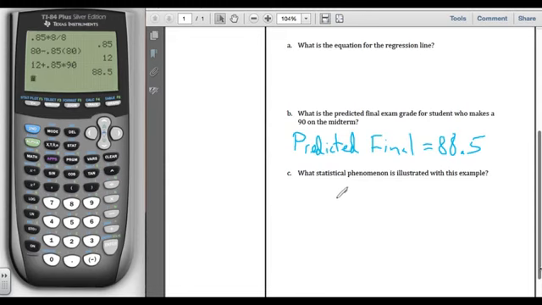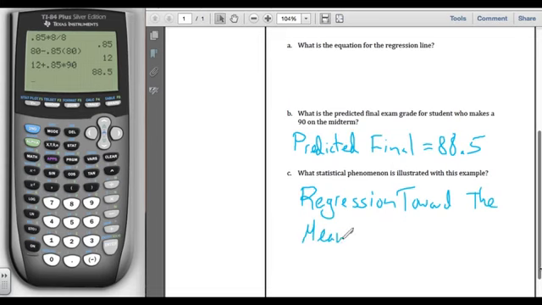C asks, what statistical phenomenon is illustrated with this example? Well, going from a 90 to an 88.5 illustrates the idea of regression toward the mean. This person did really good on the midterm.